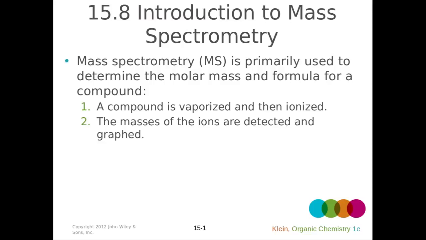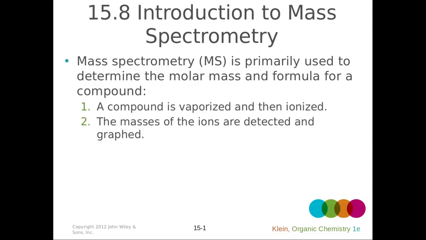So this GC instrument actually separates the compounds into their individual components, and we're going to talk about that a little bit later on. And then these components each hit the detector, and that detector is actually a mass spectrometer, and that is what we're going to talk about now. So how does the mass spectrometer work?